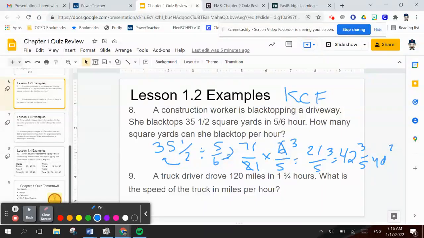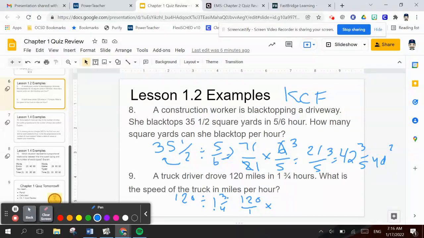Number 9 says a truck drove 120 miles in 1 3/4 hours. What is the speed of the truck in miles per hour? So I have 120 divided by 1 3/4. So that would be 120 over 1 times, to change this to an improper fraction, 4 times 1 is 4 plus 3 is 7.